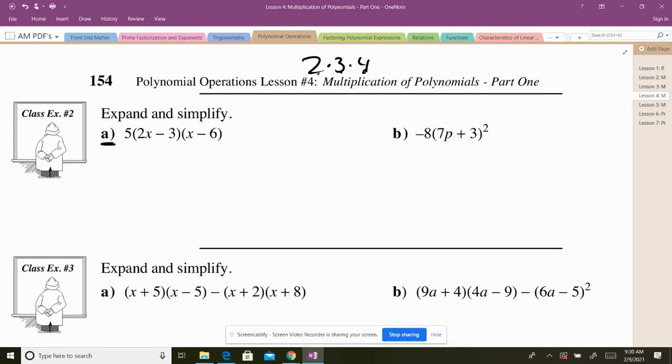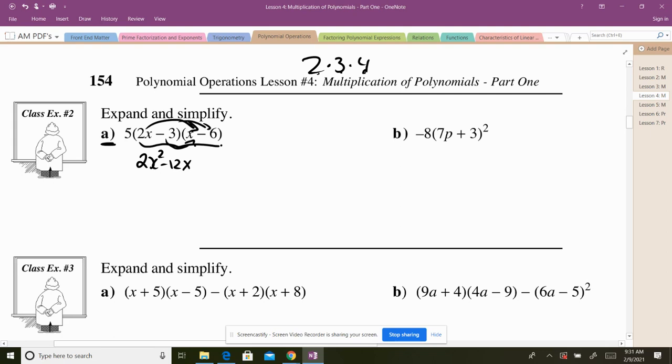What do you want to do here? Do you want to multiply the 5 into this bracket, or do you want to multiply the two brackets together? What do you think is easier? Do the two brackets first? Okay, so if we're going to do the two brackets, we go 2x times x, which is 2x squared. 2x times negative 6, negative 12x.